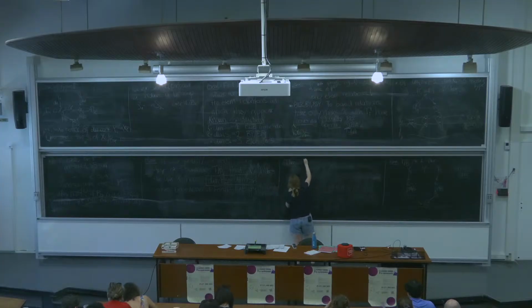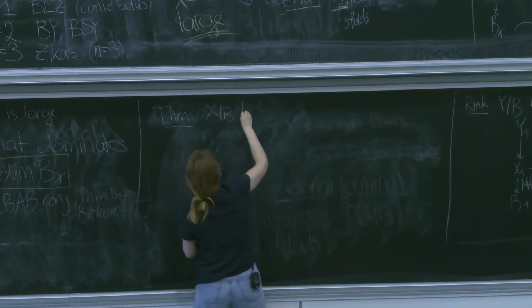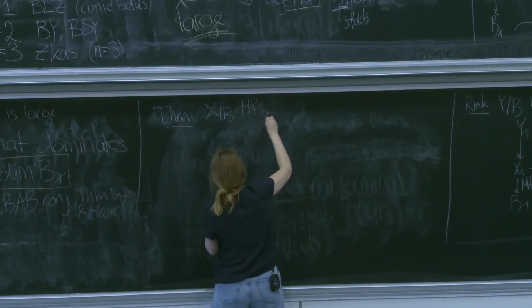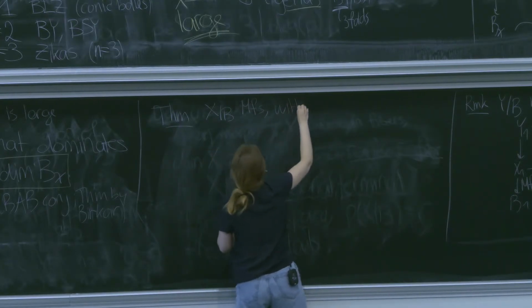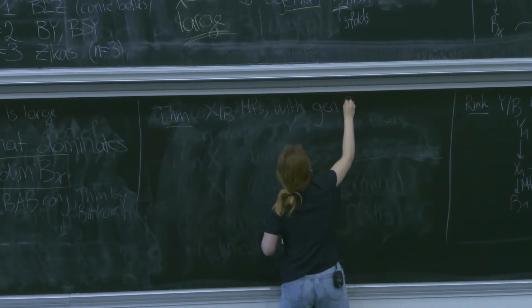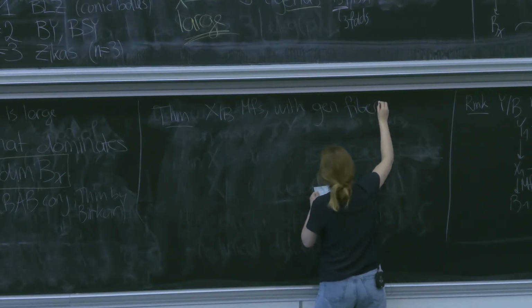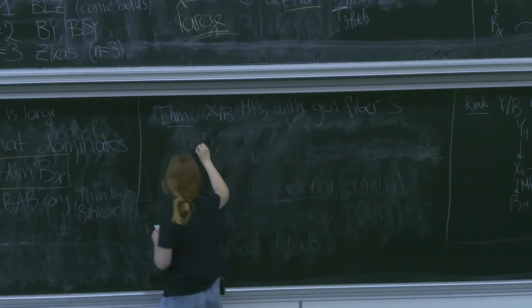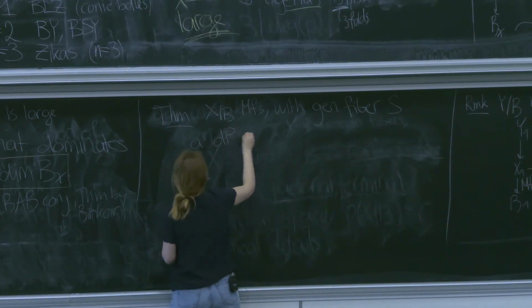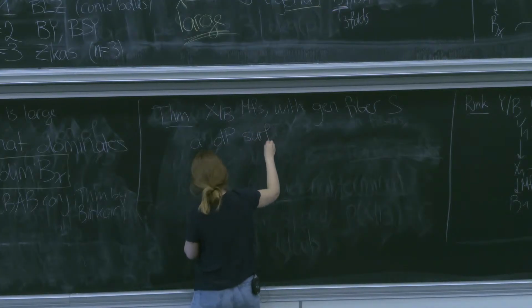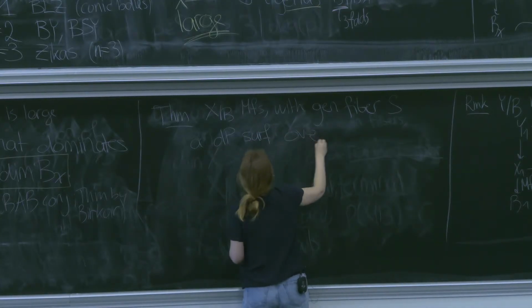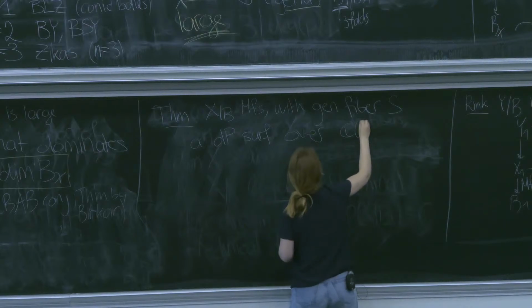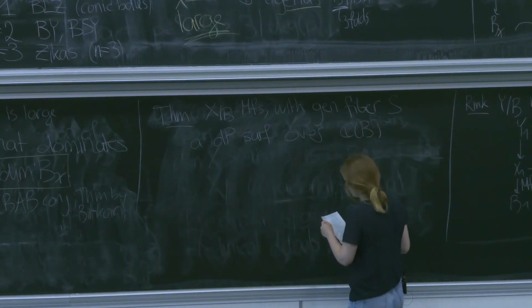Let X over B be a Mori fiber space with generic fiber S, a del Pezzo surface over the function field of the base.